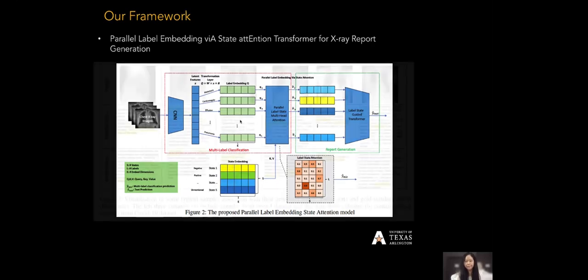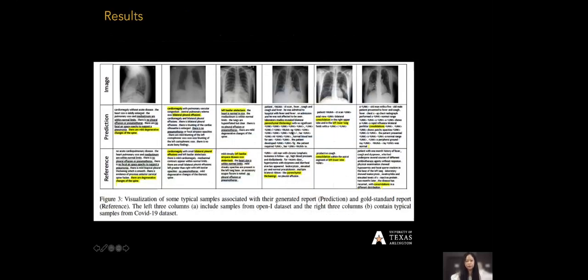Here are some results. We evaluated our method on two datasets. One is the OpenI dataset, focusing on general chest X-ray relevant diseases, and the other is the publicly available COVID dataset.